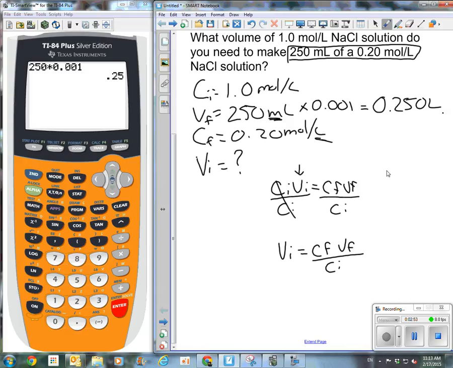So final concentration 0.20 moles per liter times 0.250 liters, all divided by 1.0 moles per liter. Well, moles per liter cancels out, so I'm going to be left with just liters. That's what I expect for a volume.